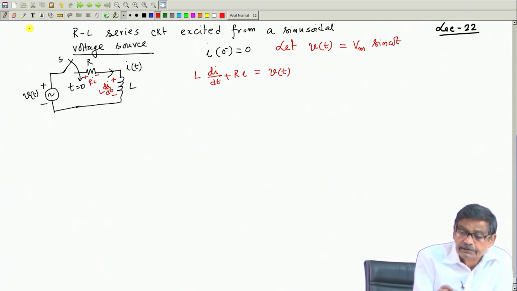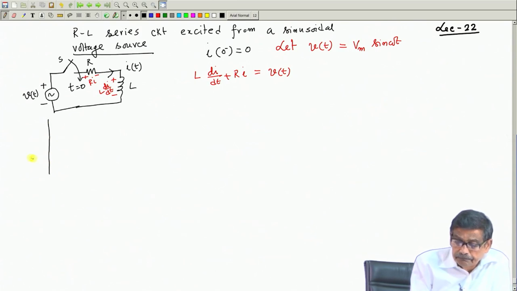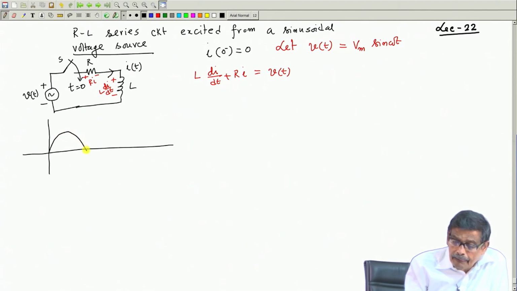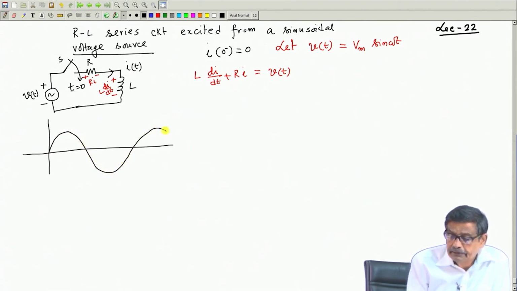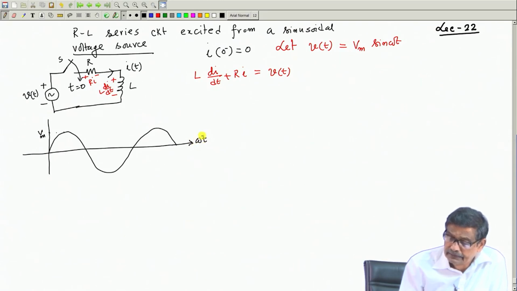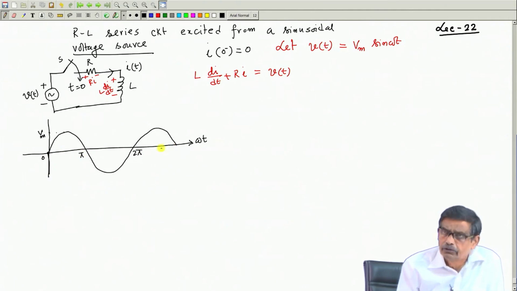Suppose I sketch the supply voltage here, this is the voltage I am applying, this is your V max, and this axis is omega t, and this is 0, pi, etc. So, I am closing the switch. This axis is omega t, meaning also t, omega being the constant supply frequency.